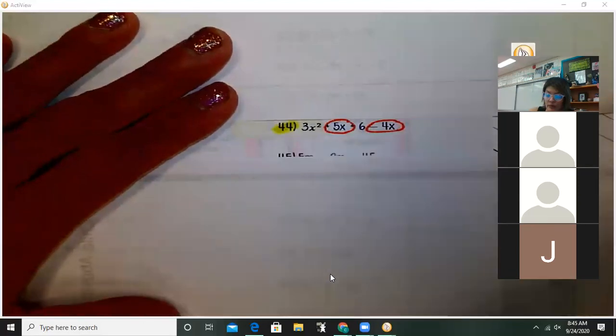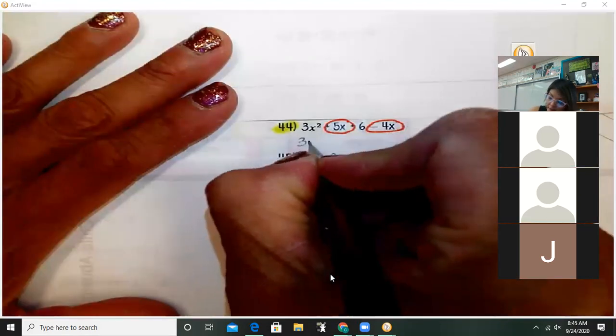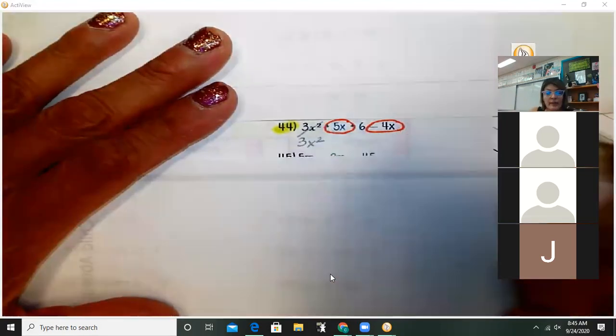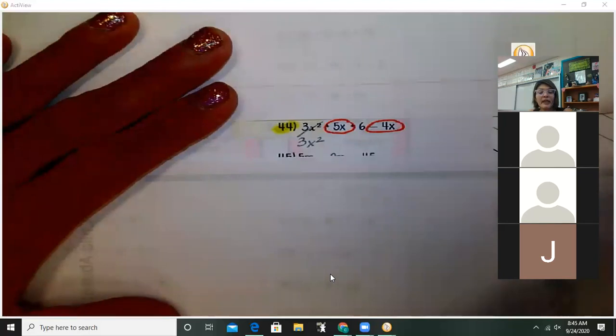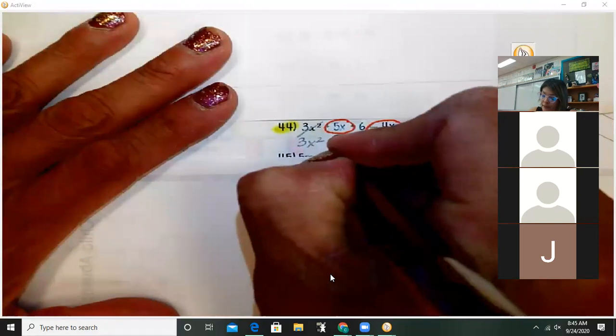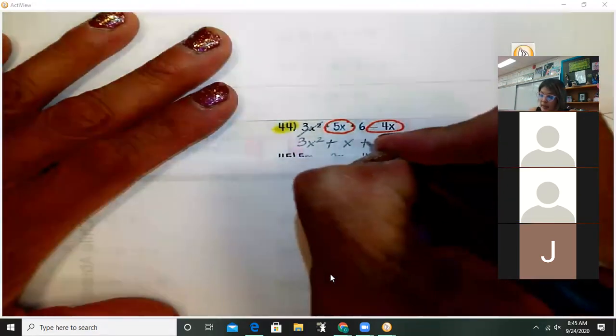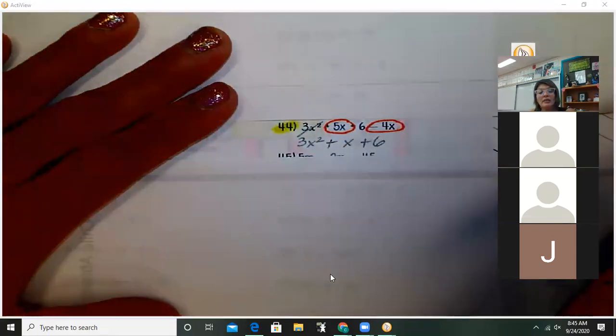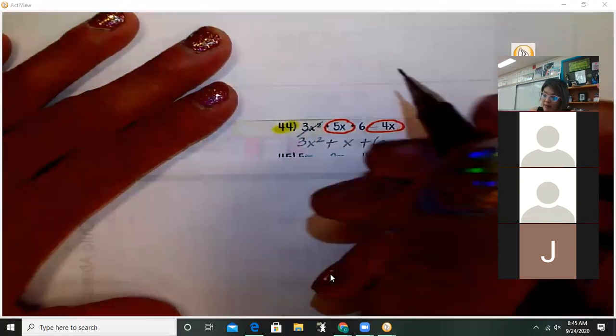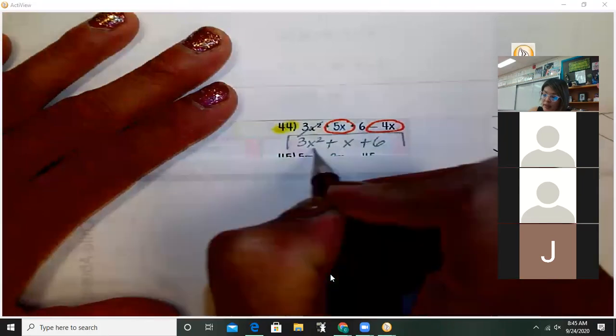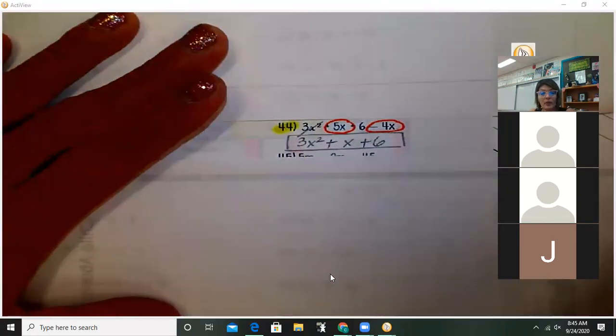So 3x squared is by itself. That stays. And 5 plus negative 4, or 5 minus 4, is 1. And then that'll be plus 6. The 6 is called my constant because it does not have a variable. So this is my answer to number 44.